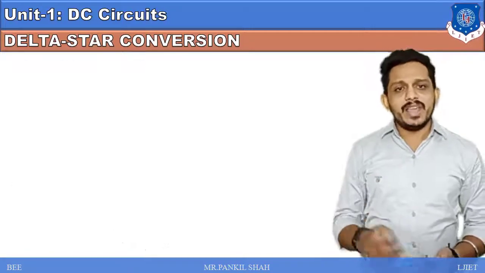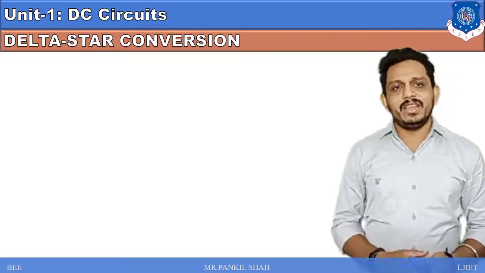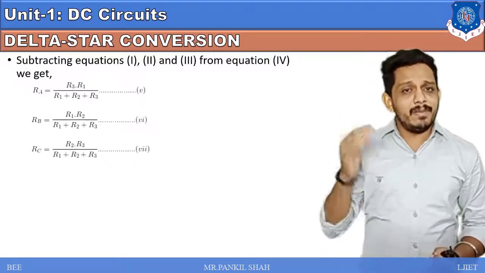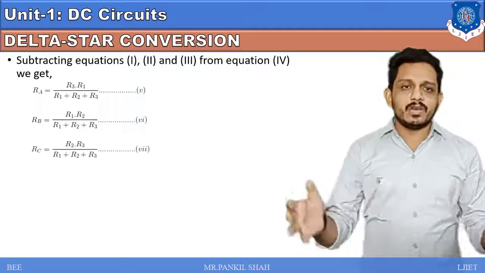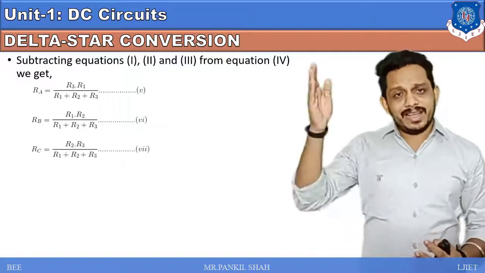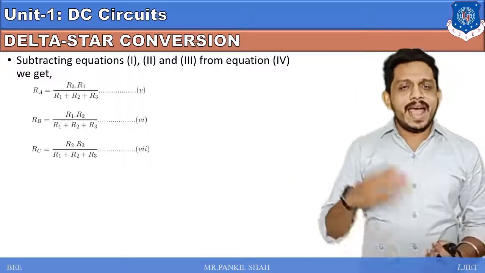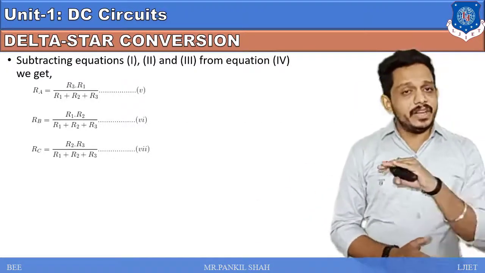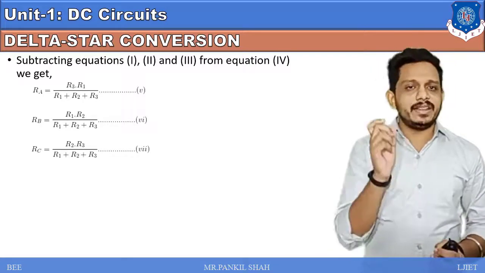So for that, we are subtracting the equations one by one, all three, from equation number 4. On the LHS we will get Ra, Rb and Rc. And on the RHS the denominator is the same, so we will take the LCM.